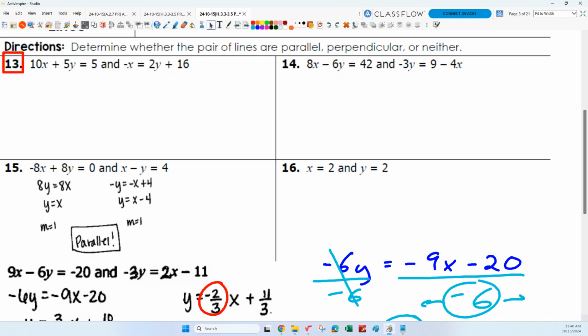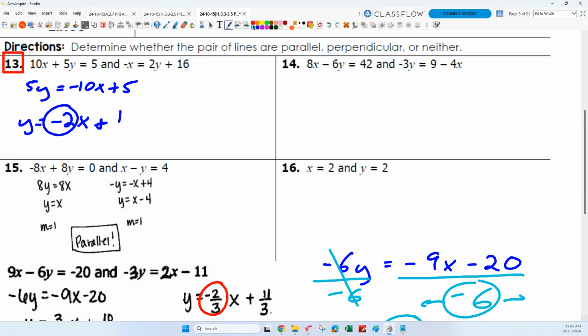Okay, so we subtract 10x, so I get 5y equals -10x plus 5. Next step. Okay, that gives me y equals what? -2x plus, who cares? 1, but not that we really care, right? That's my slope.